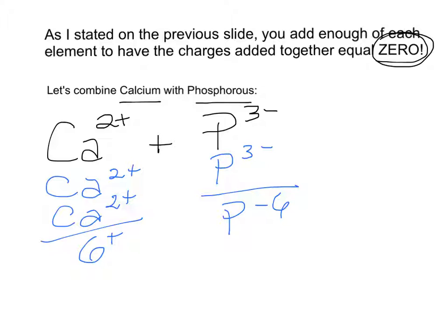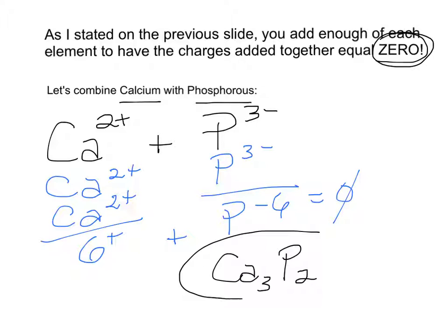And if I add those together, then my charges equal 0. So what this means is that I have calcium, 3 of them, and phosphorus, I need 2 of them. And that would be my balanced ionic bond between calcium and phosphorus.